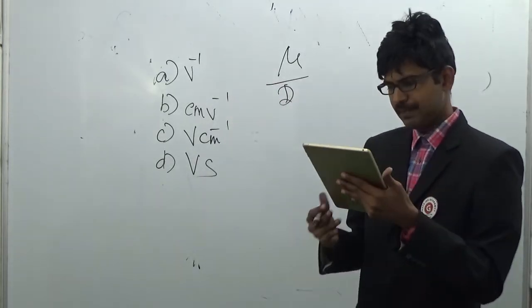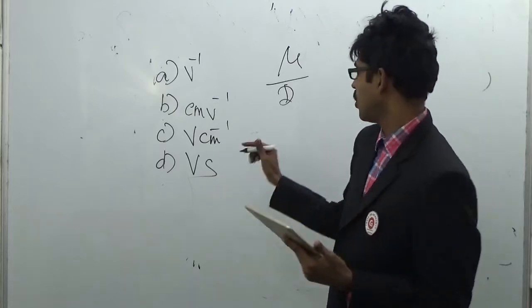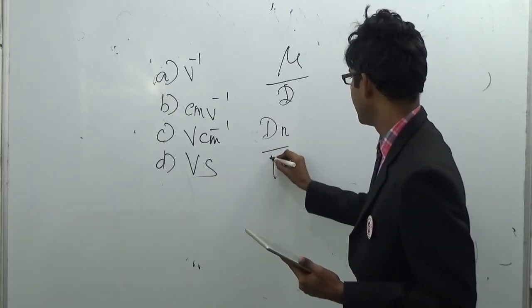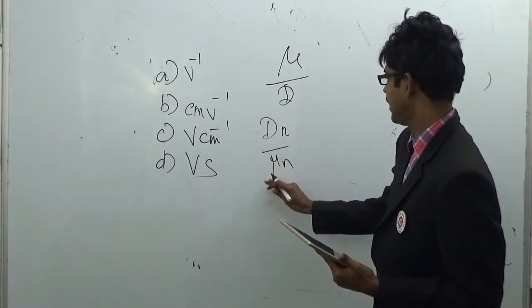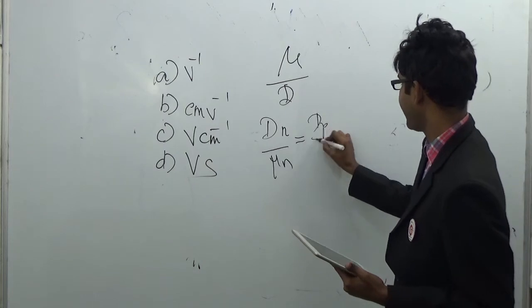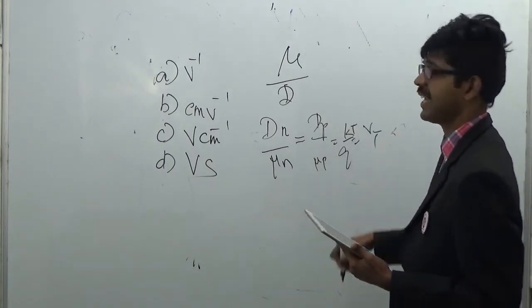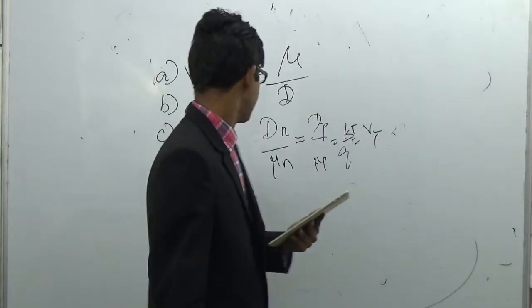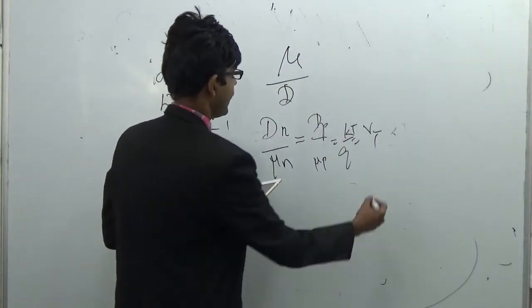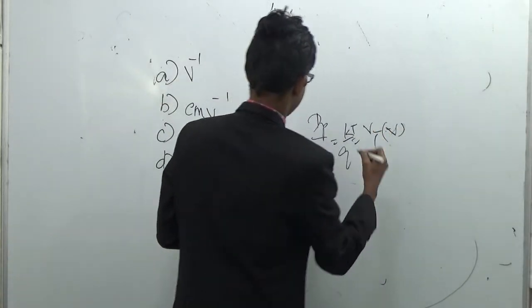Units. Now, we very well know that we need to use the Einstein equation: dN by mu n is equal to dP by mu p is equal to kT by q, which is equal to Vt. And what is the unit for Vt? Vt is volts.